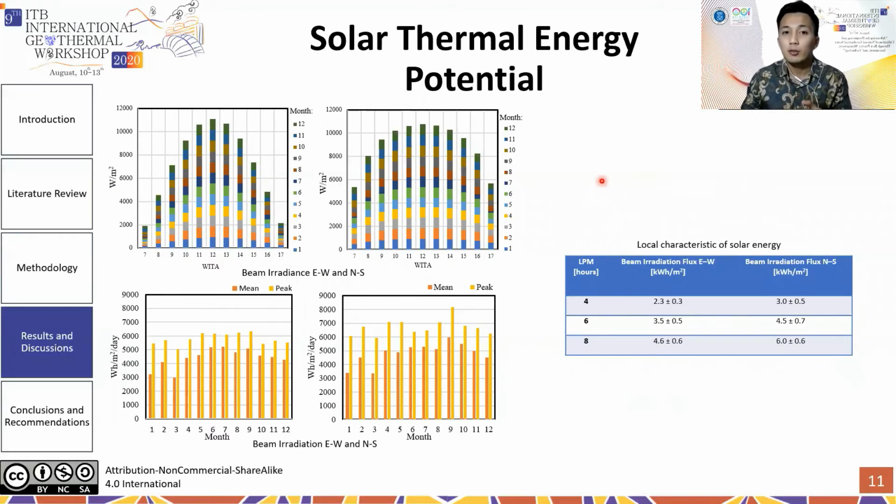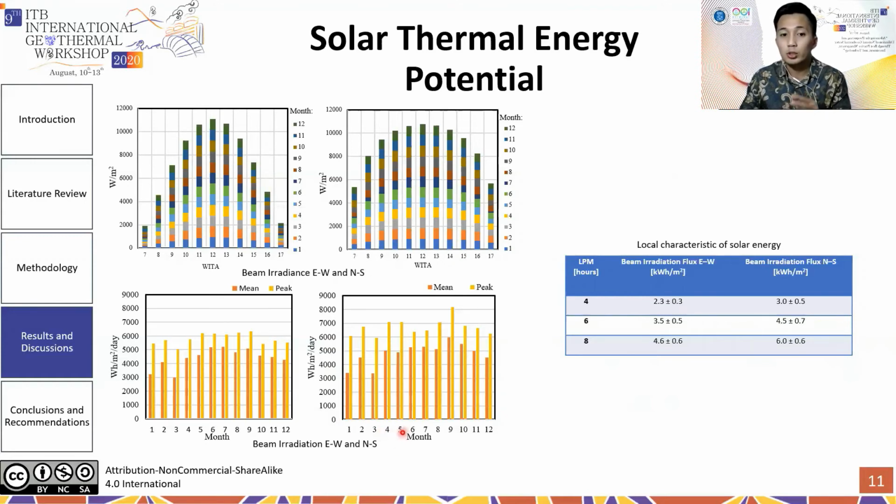And this is the result of solar thermal energy potential. In this figure, we can see the more irradiance data in Ulumbu can be generated using the north-south alignment. And when we input the LPM data, the irradiation will gain higher energy for the north-south alignment.